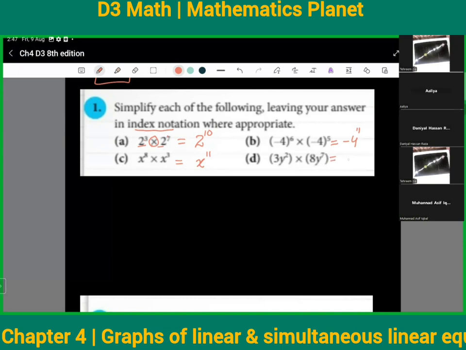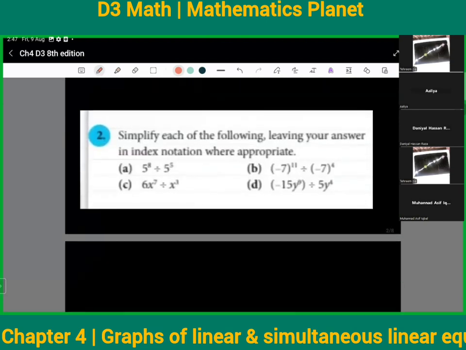Part D. 3y square multiplied by 8y 7. 24. Ma'am, it will be 8 3s are 24. Yes. 7 plus 2, 9. Y to the power 9.